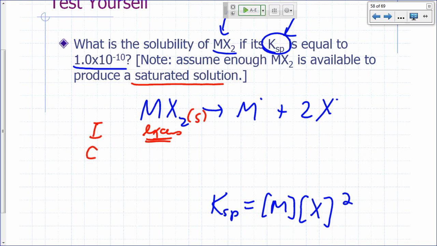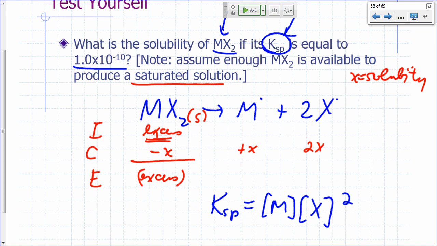The changes would be minus X, where X is the solubility in moles per liter. You're going to make X moles per liter of M and 2X moles per liter of X. At equilibrium, you still have at least some solid.